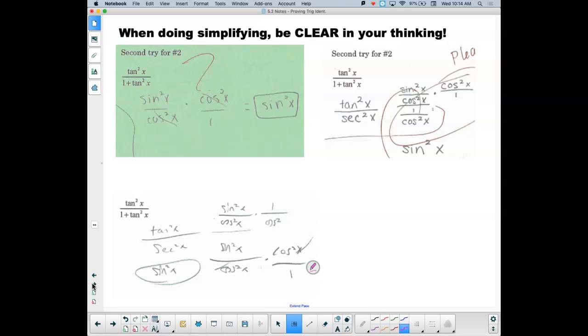We've been simplifying up to this point. Okay? And so we took these actually from last year's formative that we just had. When you are simplifying, you need to be clear in your thinking. You need to show what you're thinking.